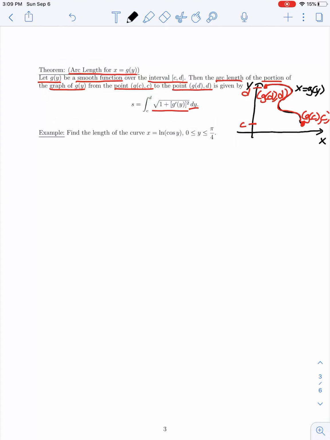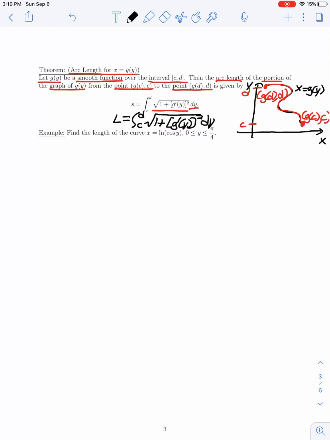Or again, in other textbooks or online videos, you might see the notation capital L for arc length instead of lowercase s. So just a matter of personal preference, which one you want to use. We can use them interchangeably.